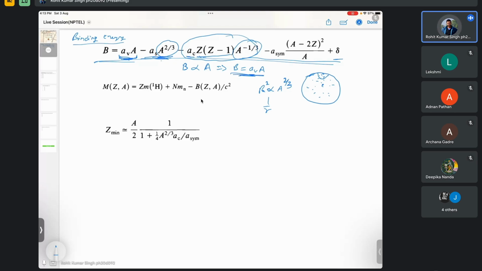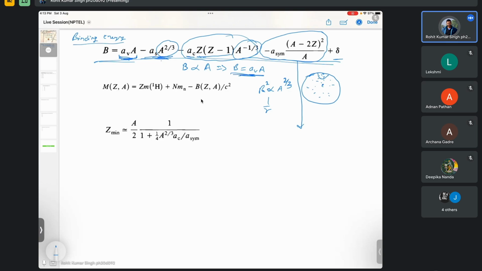and then we have one more term here, which is a term due to symmetry. If you notice here, let me write it a little differently.